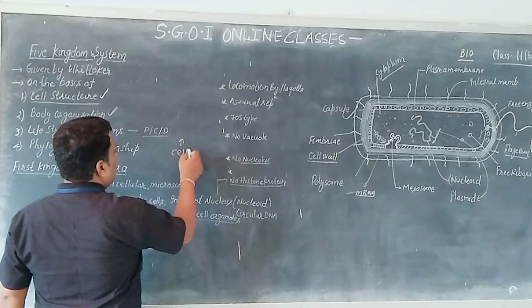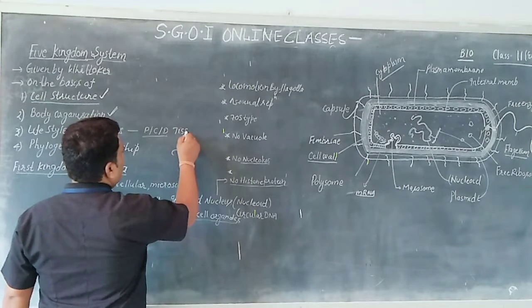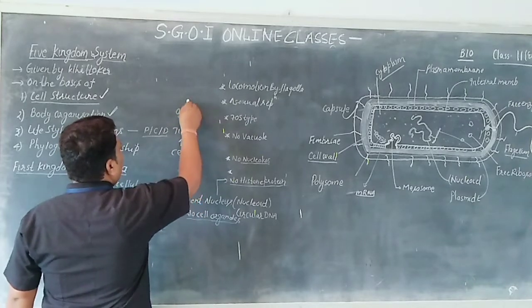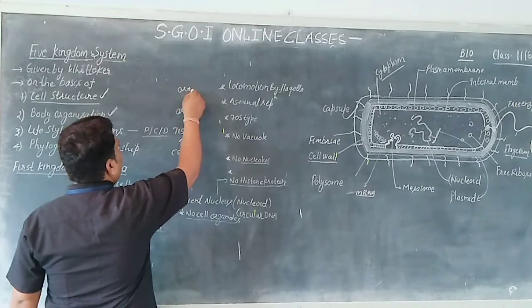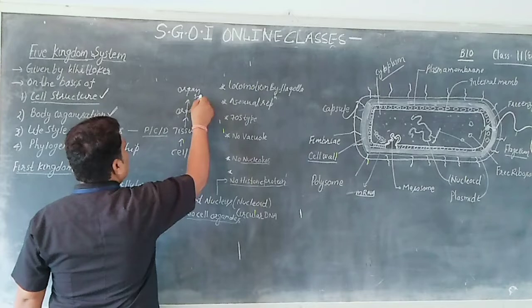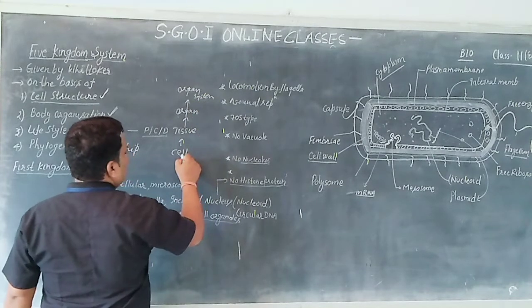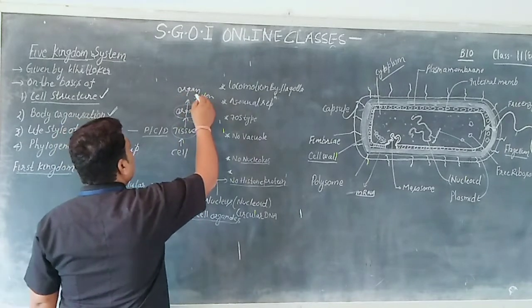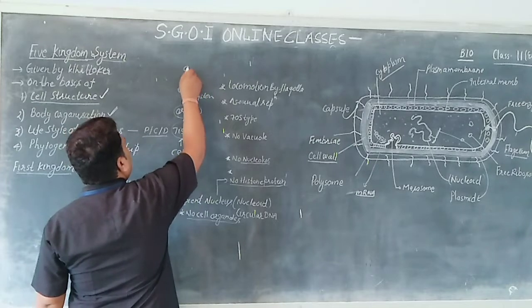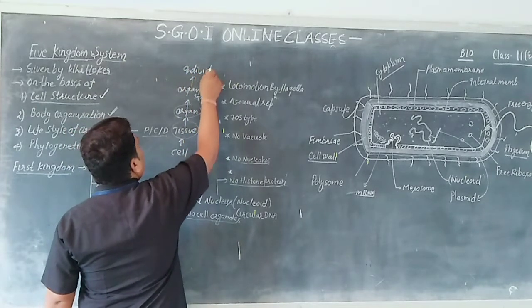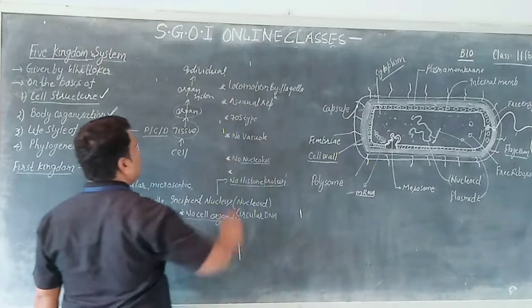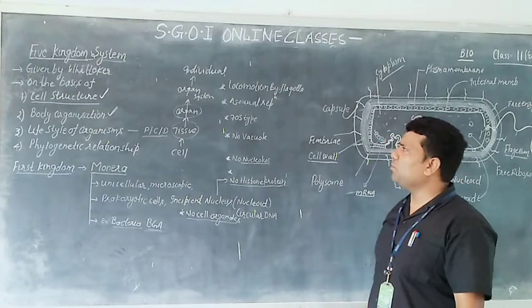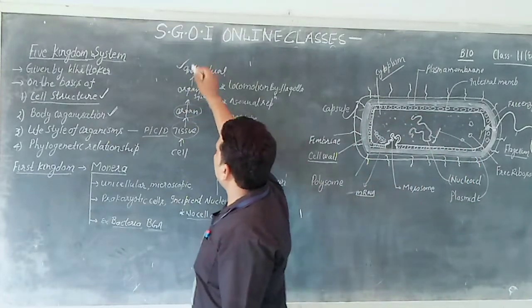A group of cells is called tissue, the group of tissue is called organ, and the group of organ is called organ system. For example, the digestive system, respiratory system, and nervous system all meet together to form one kind, that is called an individual.